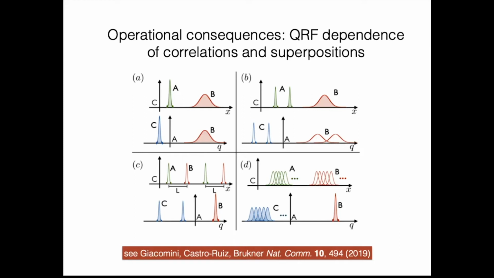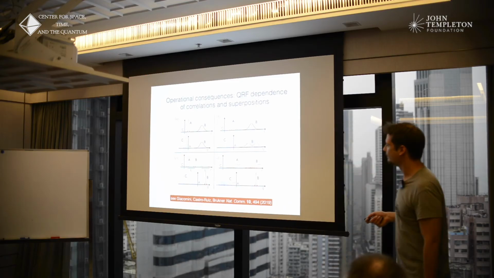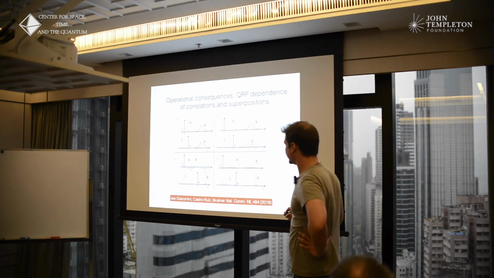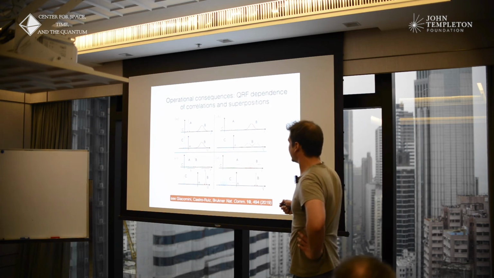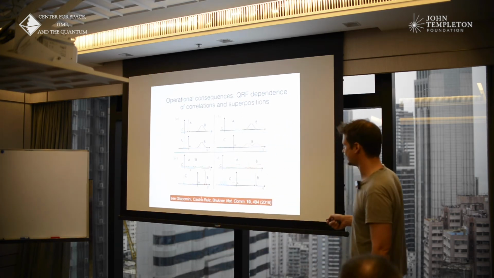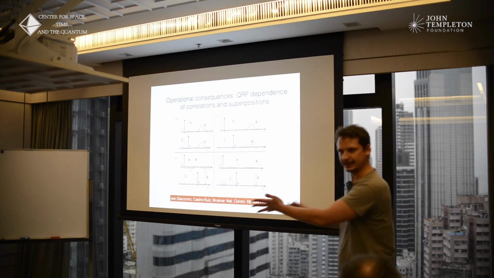Of course, we're not talking about the same correlations here, because in the first one that's the correlation between A and B, and now we are in A's perspective, so it's a slightly different notion when we talk about whether C and B are correlated, because they're different systems. But what is certainly true is that B, by being entangled, is in some sense also in a superposition of different locations, whereas from the perspective of A, it is completely localized.